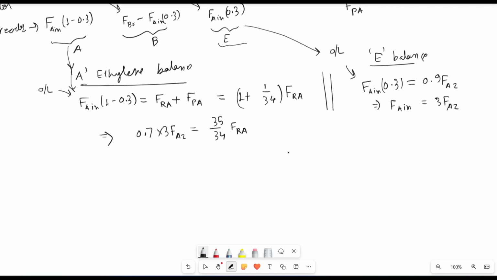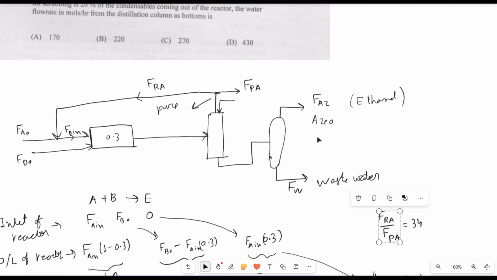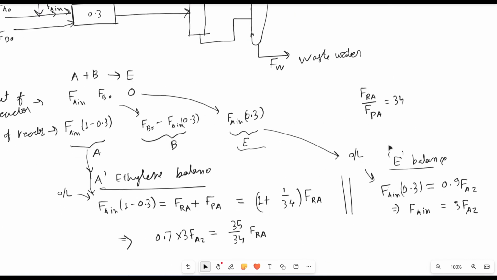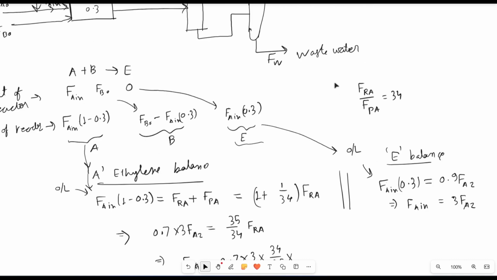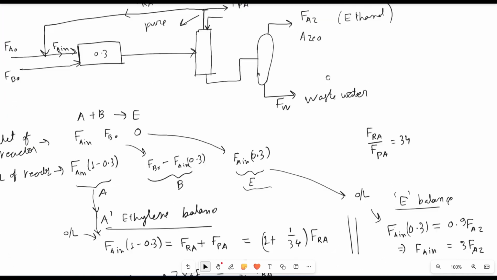Now, in the question we have been asked the recycle flow rate. So FRA, which is the recycle flow rate, is our target of the problem. FRA is equal to 0.73 into 34 by 35 into FAZ. FAZ, that is the azeotropic product rate, is 500 moles per hour.